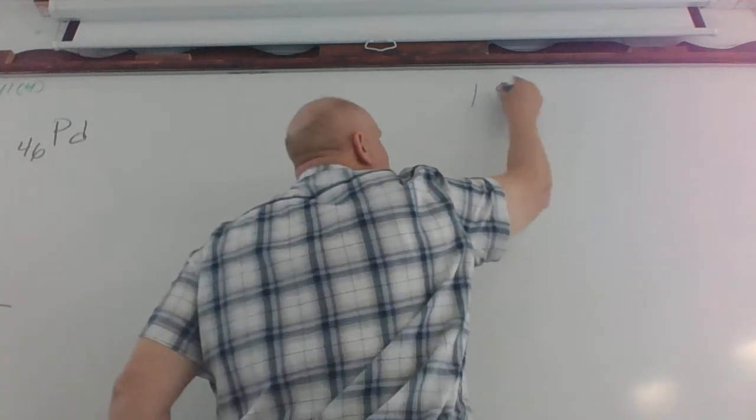I hear 4. Could it possibly be the third? I think it's the third energy level. Okay, reason we say that, remember this is what your slide rule is saying.